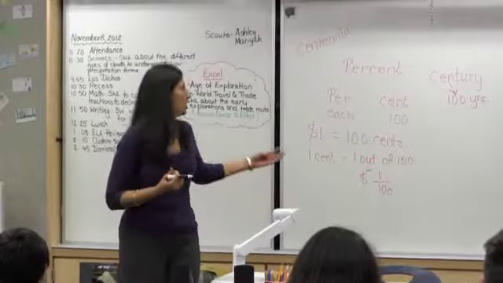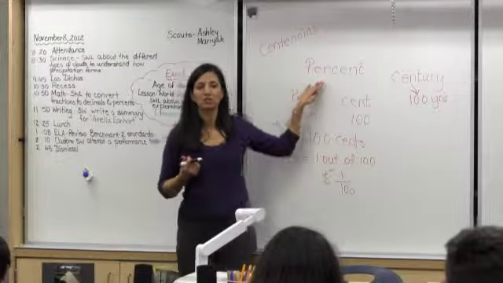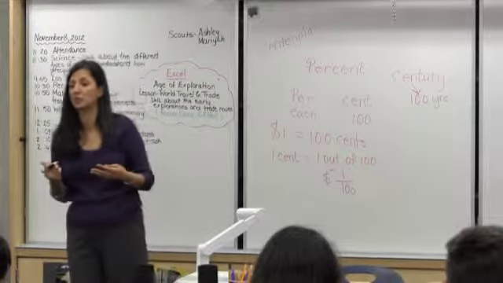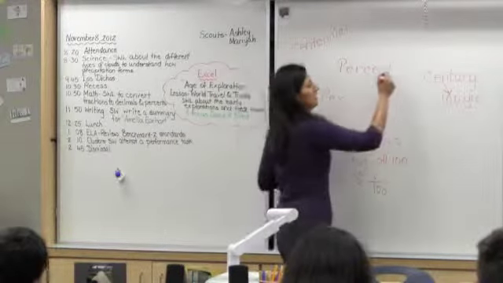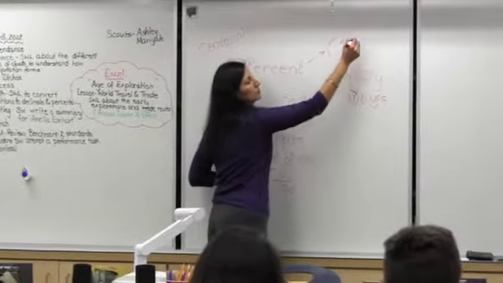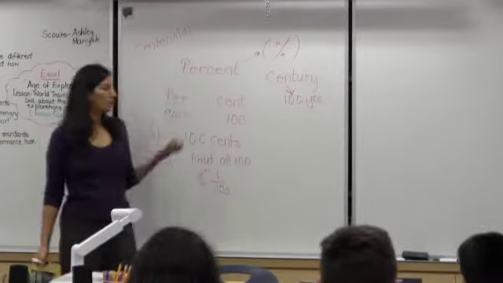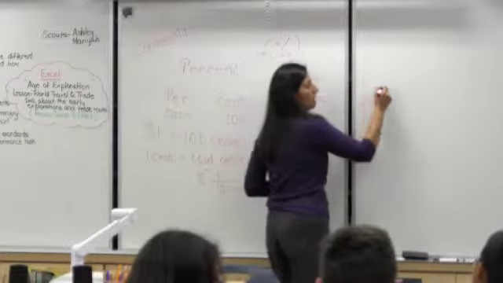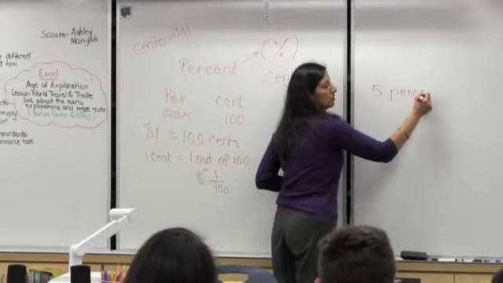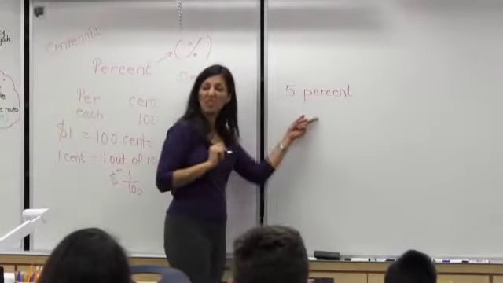Okay. Now the word percent has a special symbol, and from our conversation I can see a lot of you have noticed that symbol. The word percent is represented by this symbol. Okay? So if I write 5%, it's the same thing.